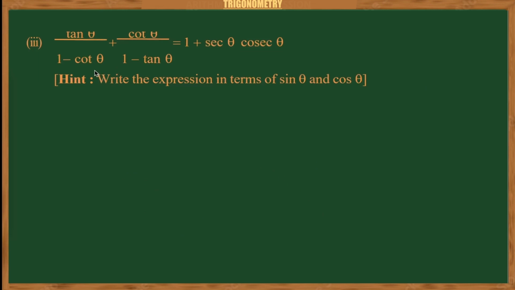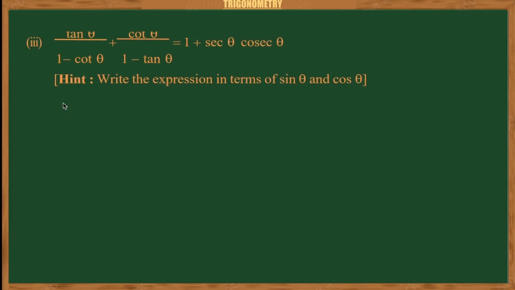Okay, students, we have a question here in terms of tan and cot. As I mentioned, whenever you see, try to put a formula if you can. If not, convert it into a format of sine and cos, which can be expressed and further resolved. So let's proceed.